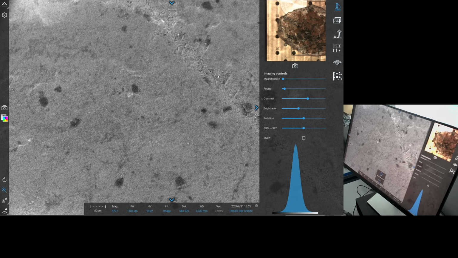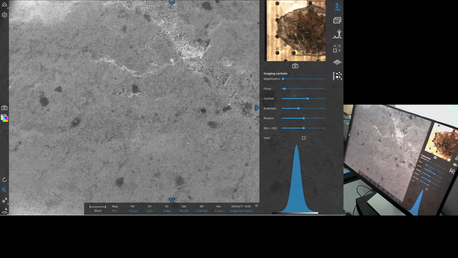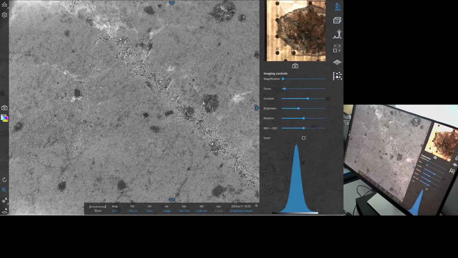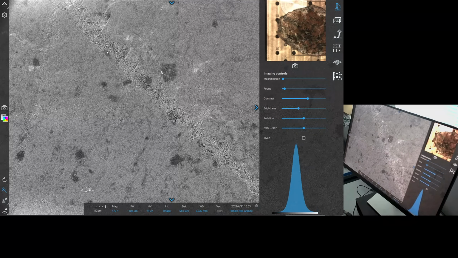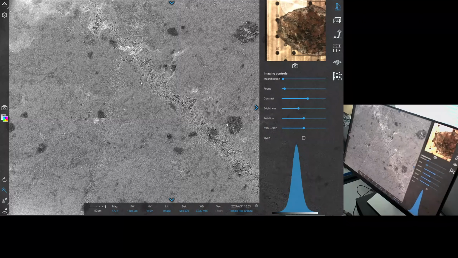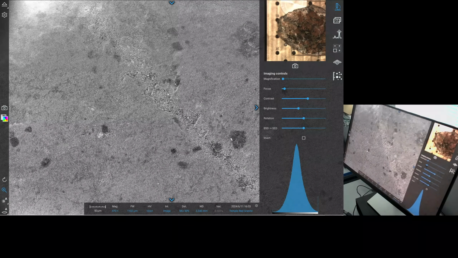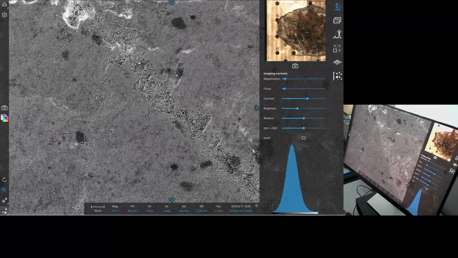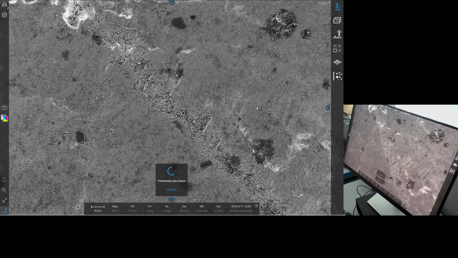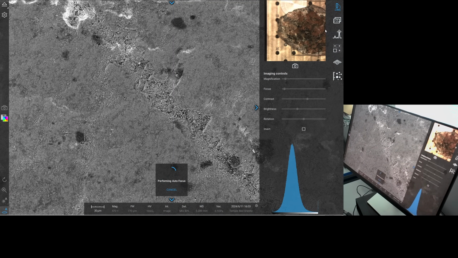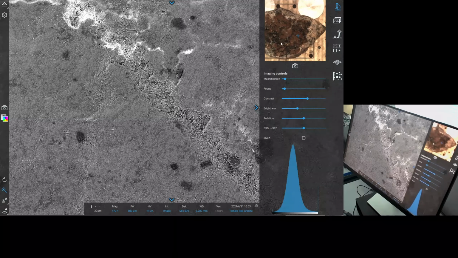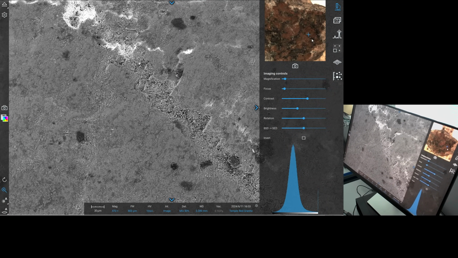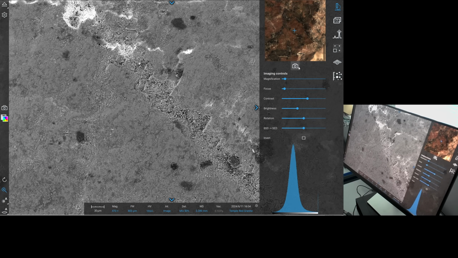How big is this scratch? When you see that scratch, you can see how smooth the rest of it is.